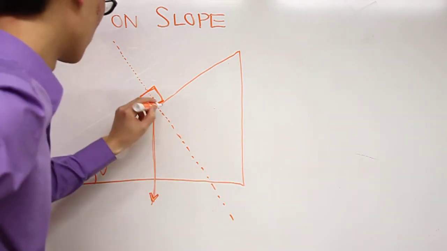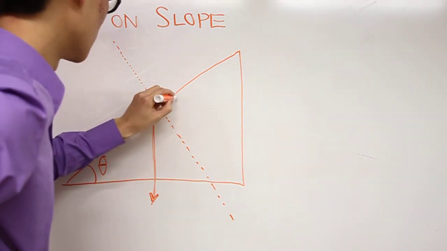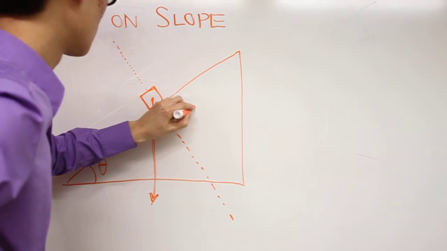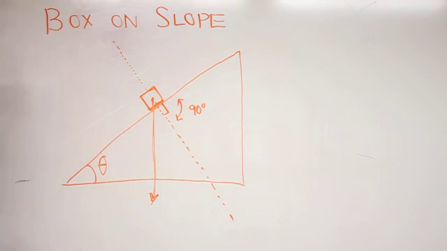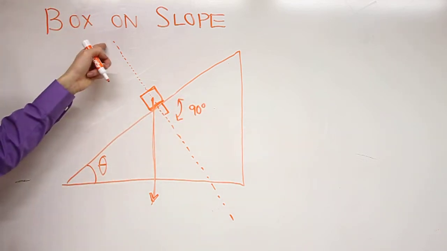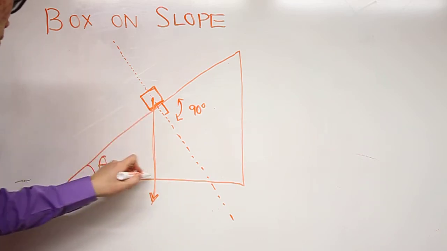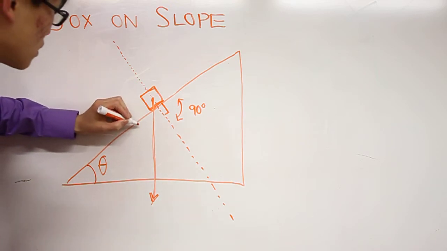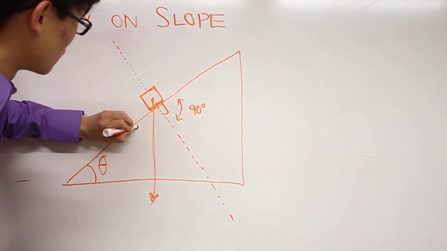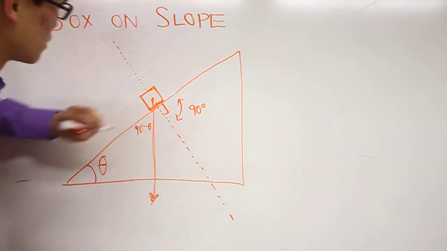And when I say perpendicular, I mean that this angle is 90 degrees. And that's just a fact of where we place this axis. So now we can start to see some geometries. Here you have a small triangle, which makes this angle 90 minus theta.